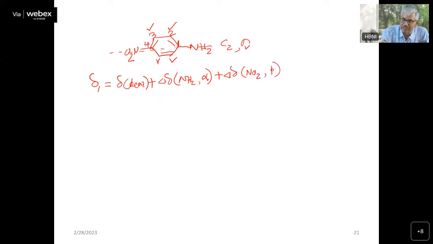You see, this group is alpha, and this is ortho, meta, and para. If you put those values, it comes 128.5. If you see the table, this value comes as 19.2, and this value comes 6.0.